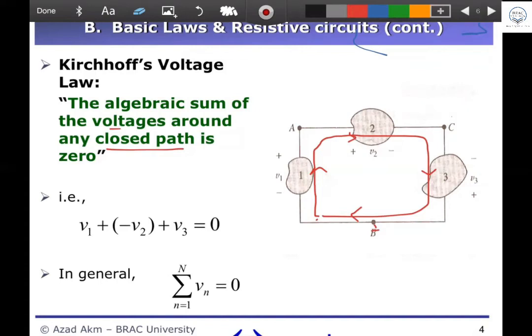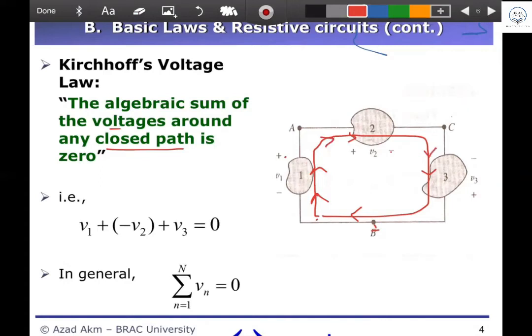If you start from here and go in the upward direction, you can see that for V1 the negative sign comes first, then positive. But when you go over here in this way, positive comes first, then negative. Again, when you come here, negative comes first, then positive.